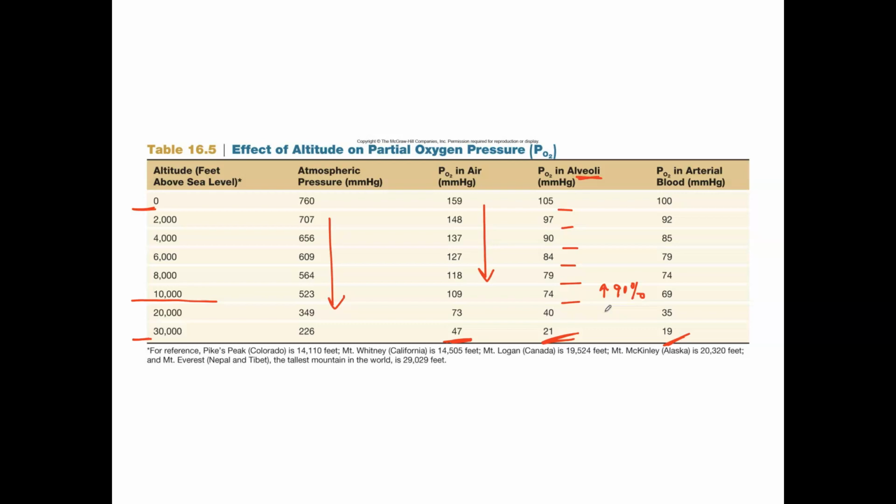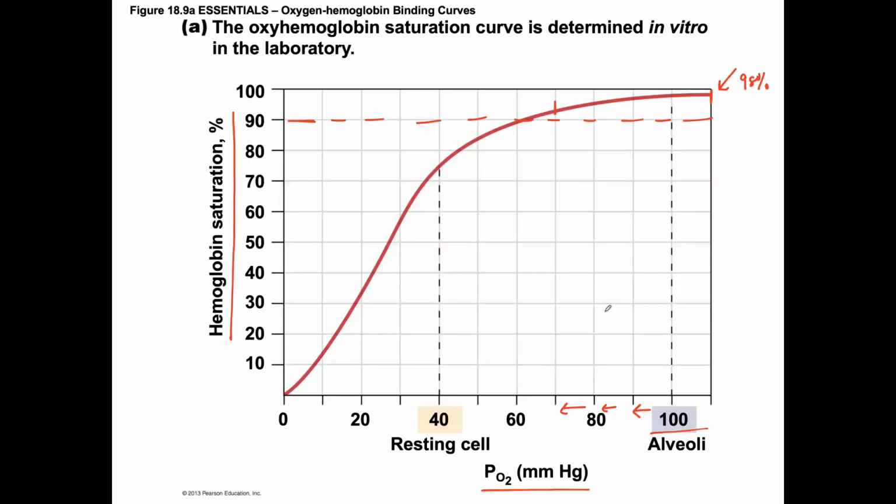So the oxyhemoglobin dissociation curve is basically a way to express the physical relationship between partial pressure of oxygen and how well hemoglobin carries oxygen. Again, the shape of the curve reflects the properties of hemoglobin and how well it binds to oxygen.